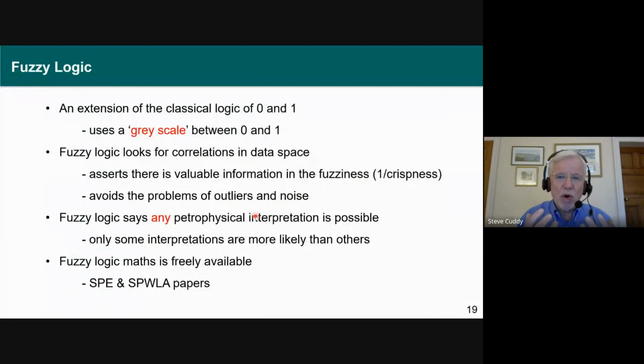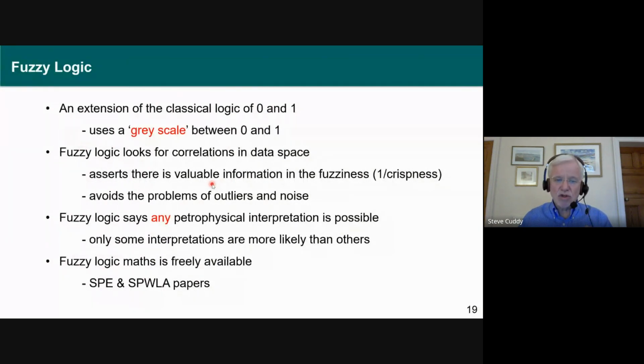What I want you to take away from fuzzy logic, which is used by the AI, is that it is an extension of the classical logic of ones and zeros. It uses a gray scale between those, the infinite number of points between 1 and 0. Fuzzy logic looks for correlations in data space and asserts that there is valuable information in the fuzziness.